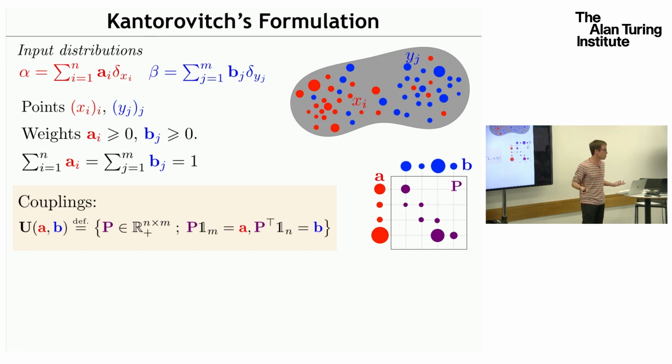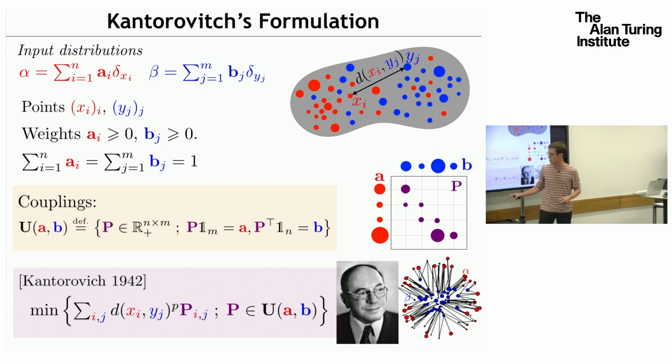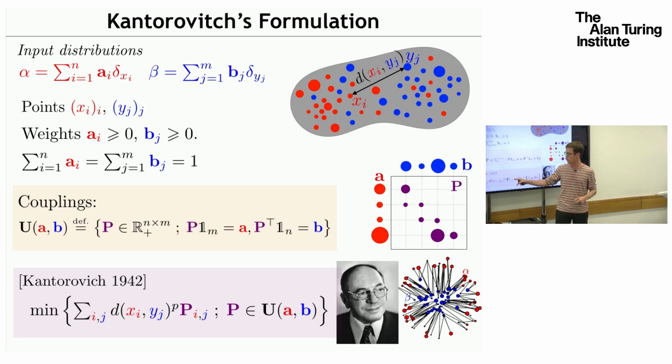So what is going to be the optimal transport? It's just going to be, among all these possible couplings, you pick the one that minimizes a cost, where you say that the price you have to pay to transfer some mass from xi to xj is proportional to some cost. Could be any cost, but the usual practice is to say that this cost would be some power p of the distance.